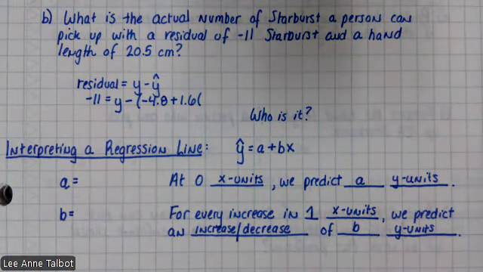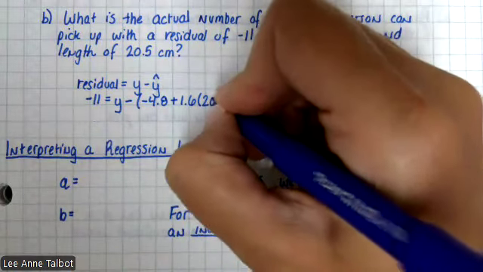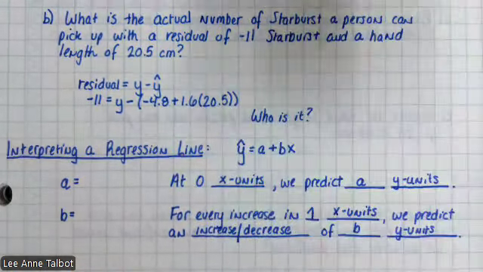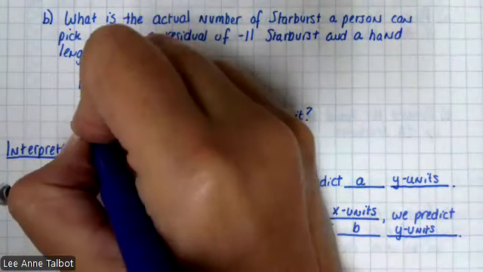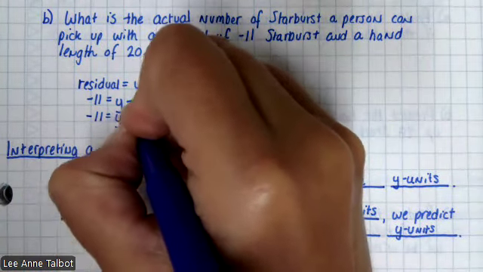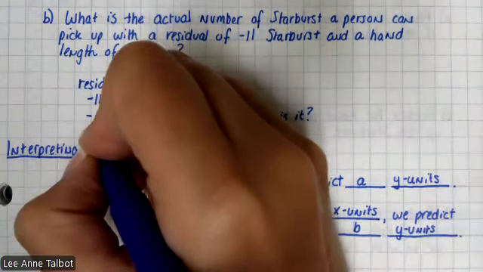And what's x in this problem? 20.5. Add 28 to both sides.